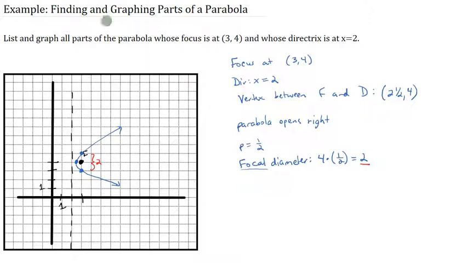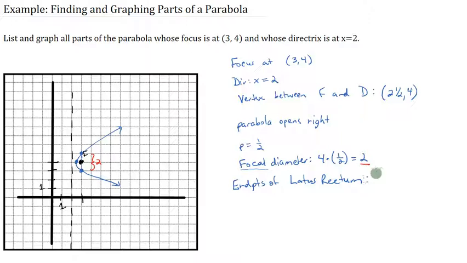And last but not least, we can list the endpoints of the latus rectum, which are the points that I put here at the width of the parabola. Remember, that's the latus rectum that runs across the parabola through the focus. So the bottom endpoint is the ordered pair where x is 1, 2, 3.